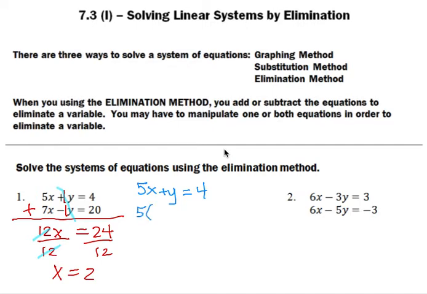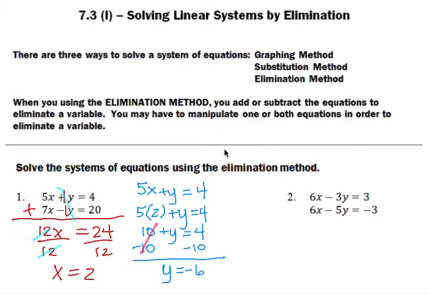So this becomes 5 times 2 plus y equals 4. 5 times 2 is 10, so 10 plus y equals 4. Then to get y by itself, I would subtract 10 from both sides. So these cancel out, and I find out that y is equal to negative 6.